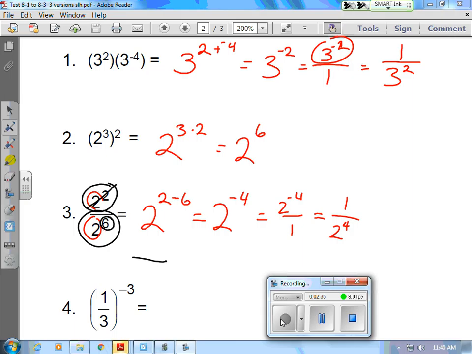When those 2 cancel with 2 of those 6, you get 2 to the 0 power, which is 1. So you need to leave a placeholder of 1 because this 2 to the 4th is still in the denominator. These 2 cancel out with 2 of those 6. So that's another way you could have approached that problem.